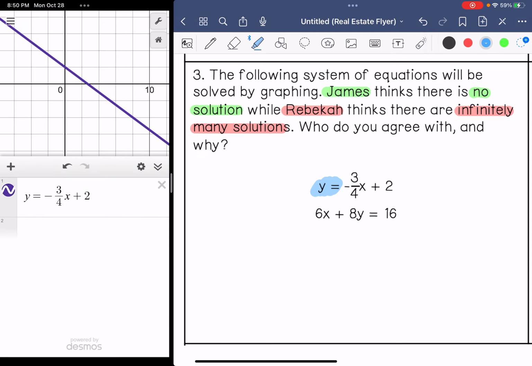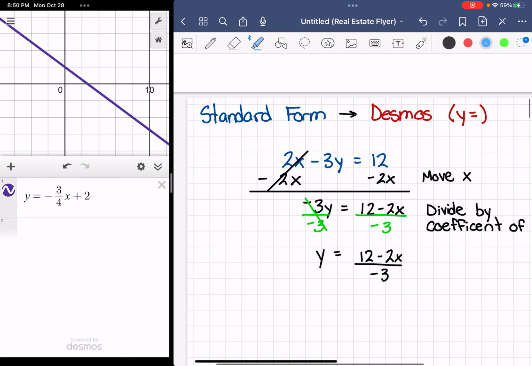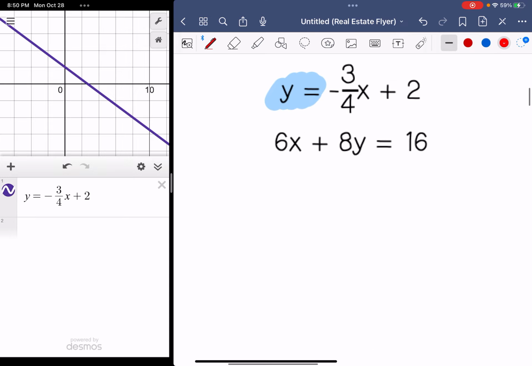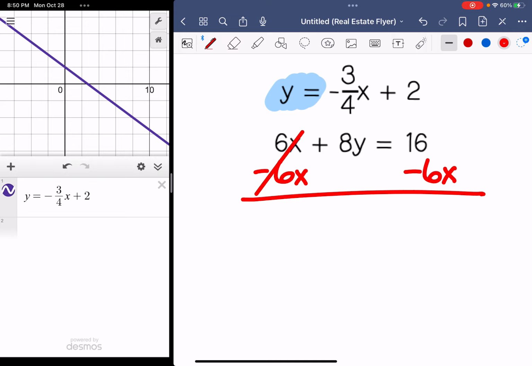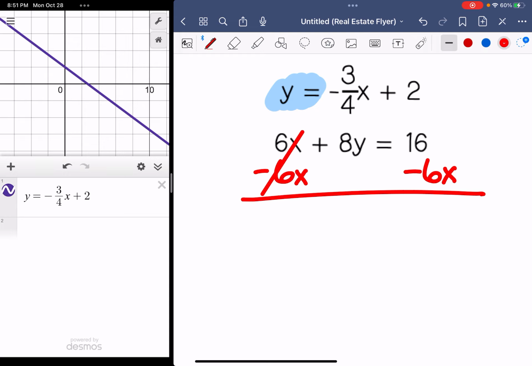All right, and that second equation is in standard form, so again, I'm going to use this to go from standard form to y equals. Step 1 is going to be to move x. That leaves me with 8y equals 16 minus 6x.